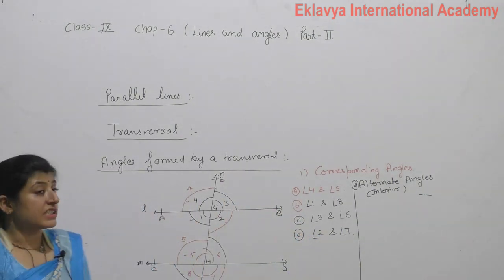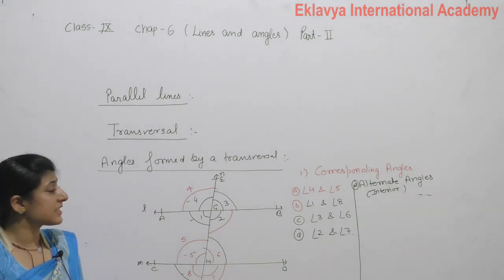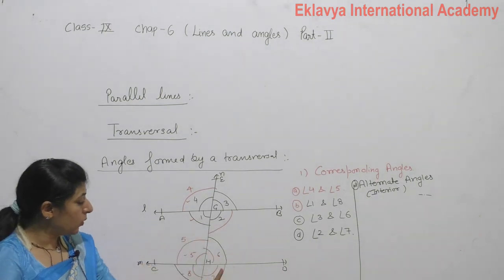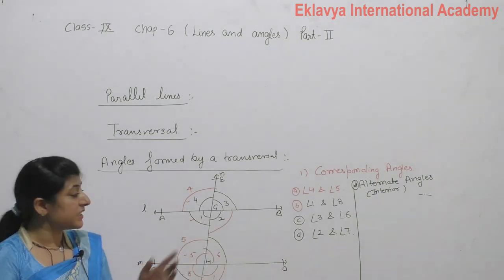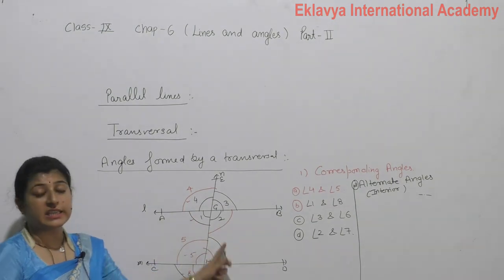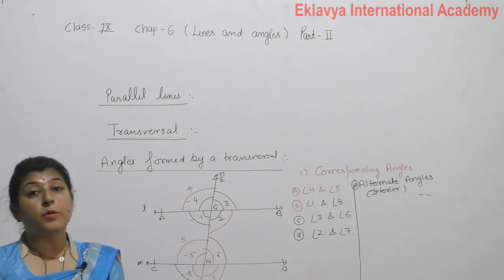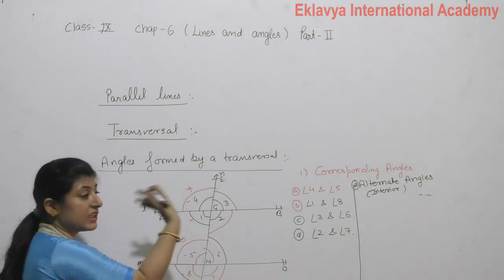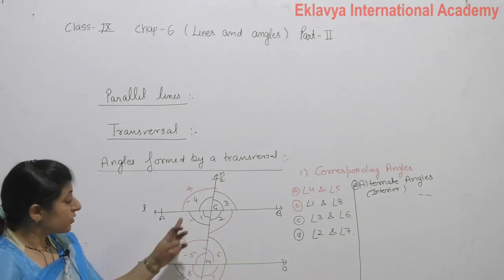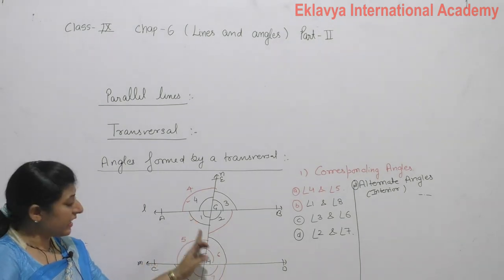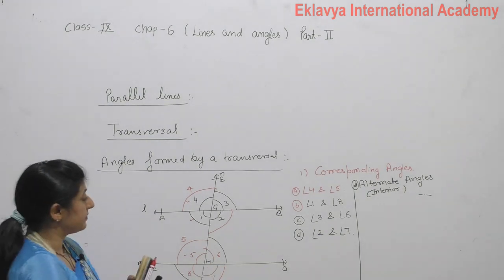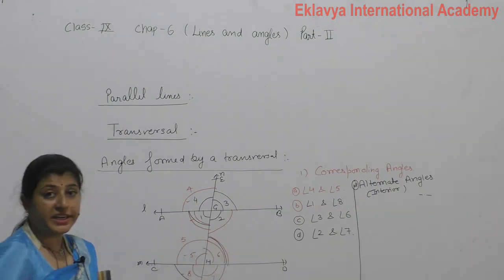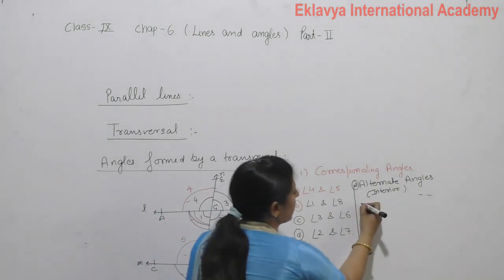Alternate interior angles, it means we have to take only interior angles, and in this formation the interior angles are 1, 2, 6, 5. It means we establish the relation between these angles. So they are just opposite. Transversal, one side one angle, another side the next angle. So we can say angle 1 and angle 6 are alternate angles in this alternate interior angle.